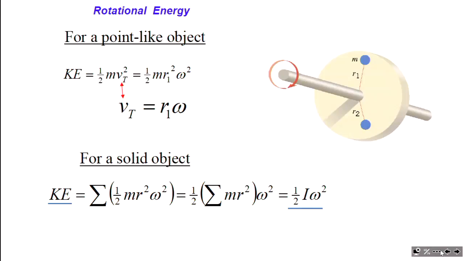It's different for different locations, but angular speed is the same. So if we make a transition from linear variables to angular variables, we get a very simple, convenient equation for calculating kinetic energy of a spinning solid object, very similar to mv squared, but instead of mass, we use rotational inertia, and instead of speed, we use angular velocity.